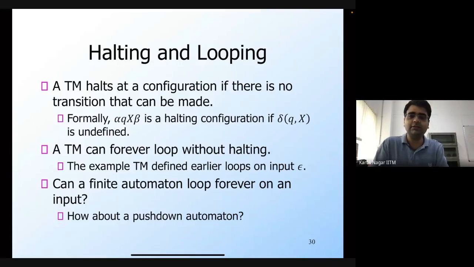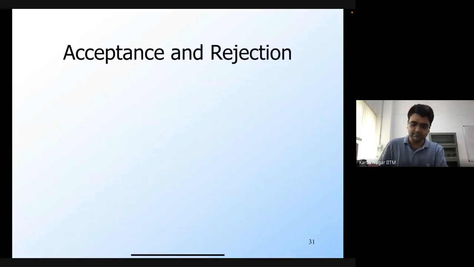An epsilon NFA can in principle make epsilon transitions an infinite number of times, in which case it's possible that it may not halt. The same goes for a pushdown automaton as well. In pushdown automata also, you can make epsilon transitions, and because of these epsilon transitions, you may halt or you may loop forever. So this is not something that's new to a Turing machine. We have seen looping behavior earlier as well.